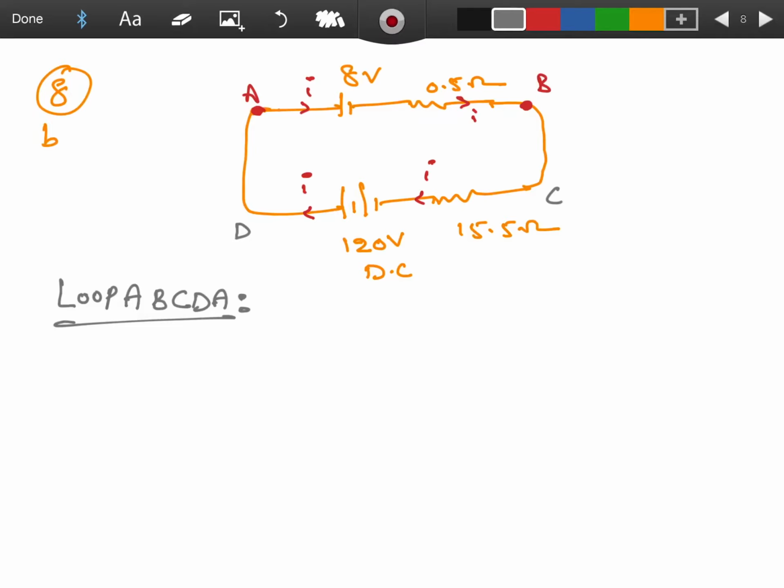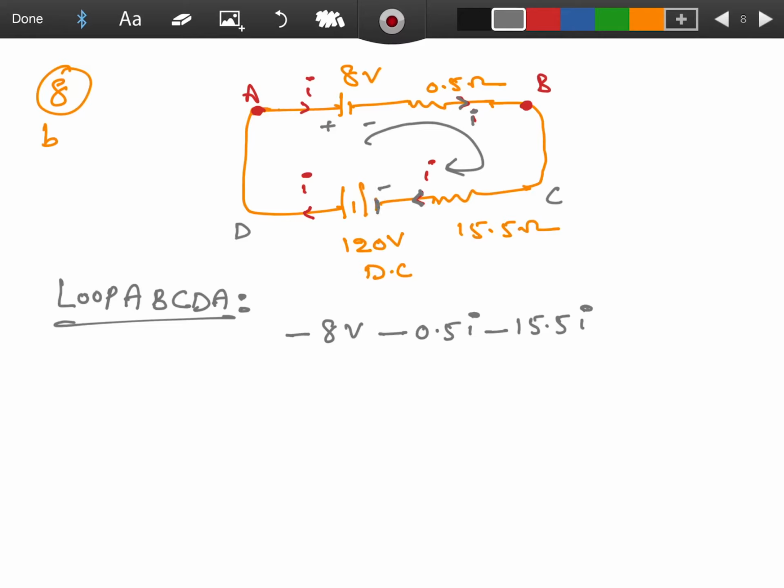You are going from A to B. A to B means higher terminal to lower terminal, which is minus 8 volt, and your current direction and loop direction are the same, minus 0.5 I. And coming to C to D, there 15.5 is there, and current direction also same, minus 15.5 I.